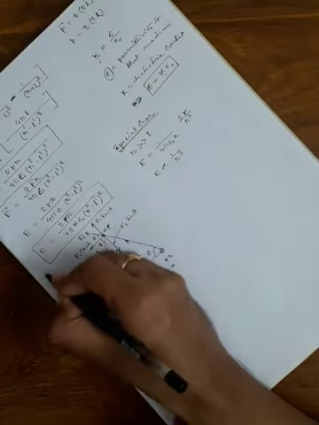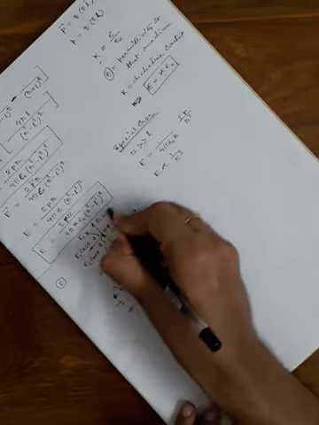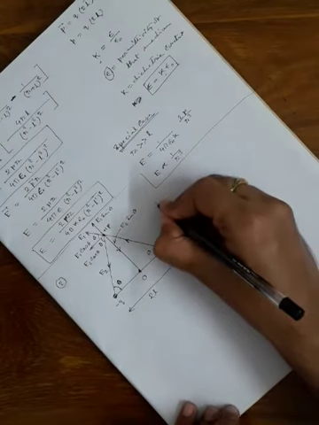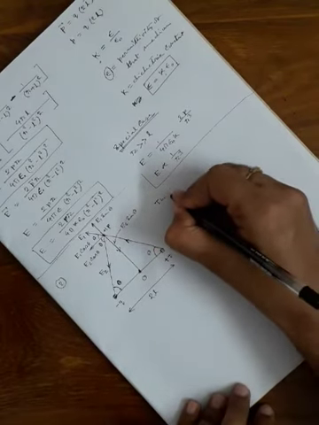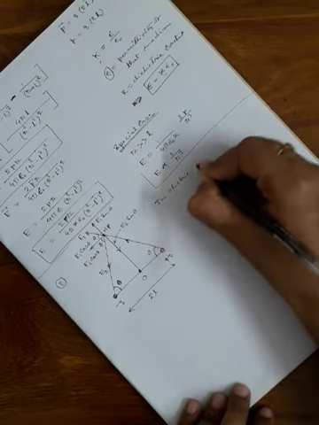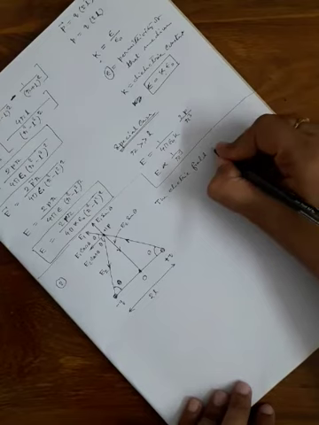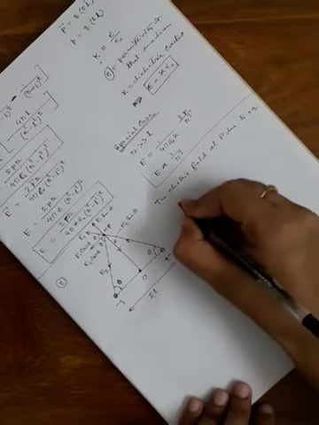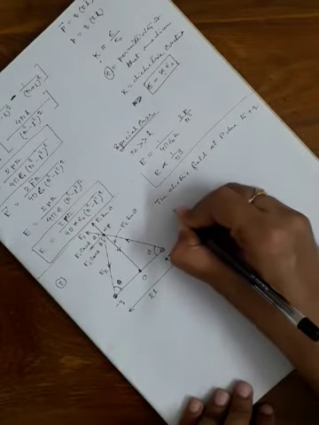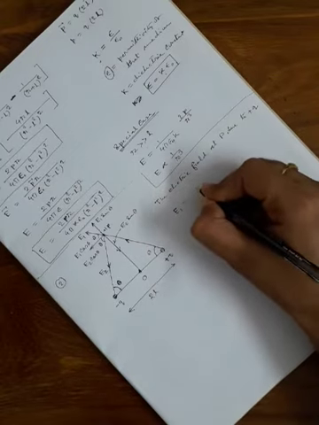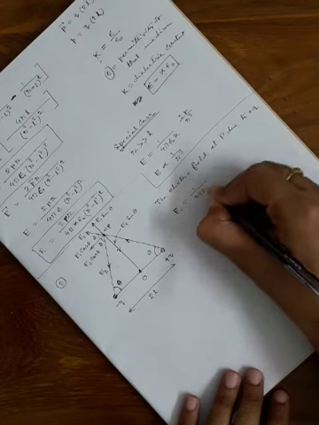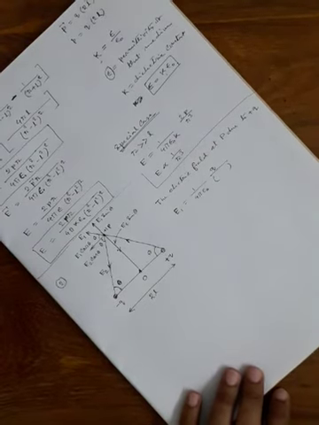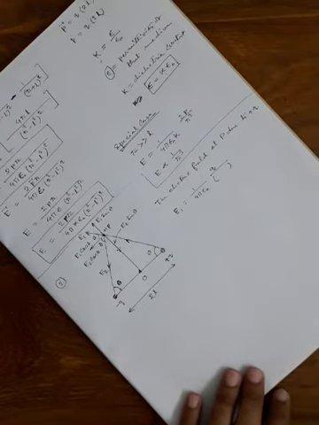Now, the electric field at P due to plus Q is E1 is equal to 1 by 4 pi epsilon 0 into Q by... we need some name to denote these directions.